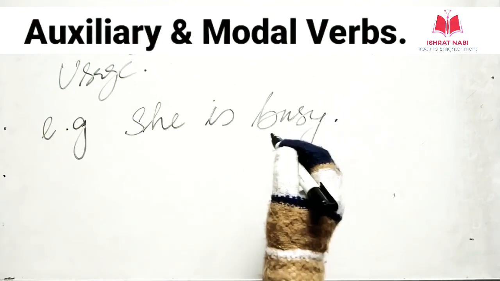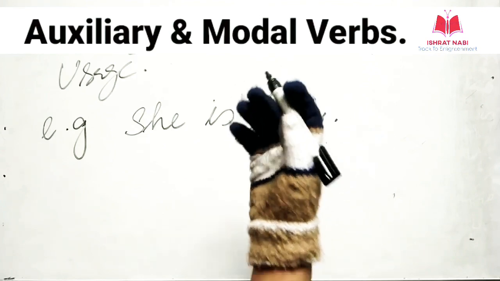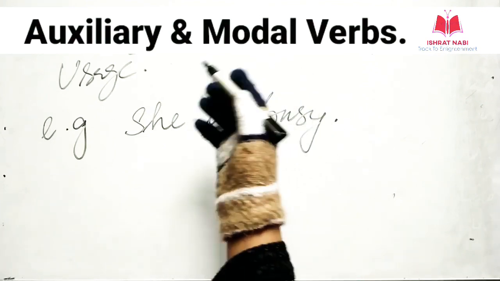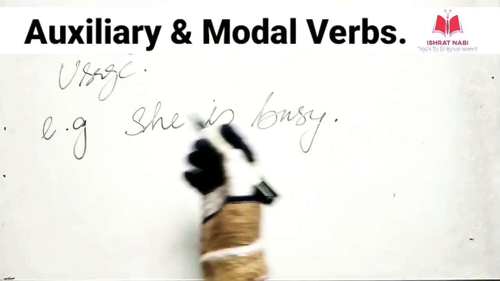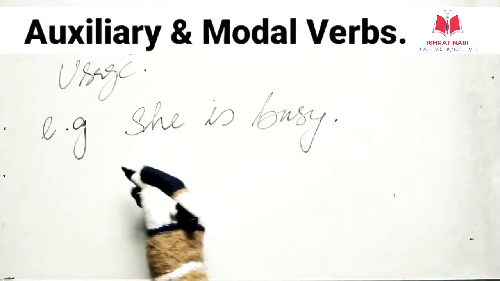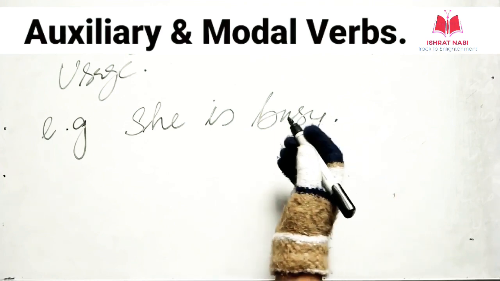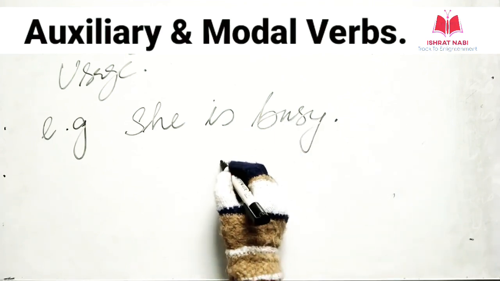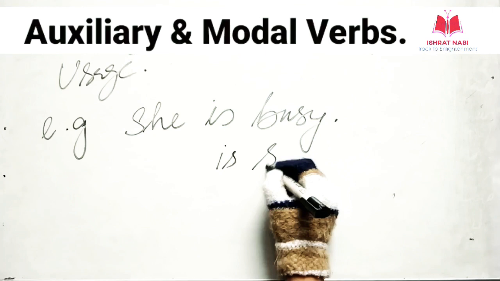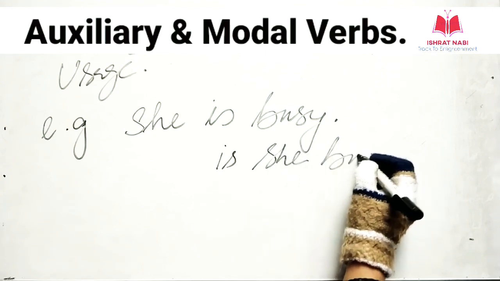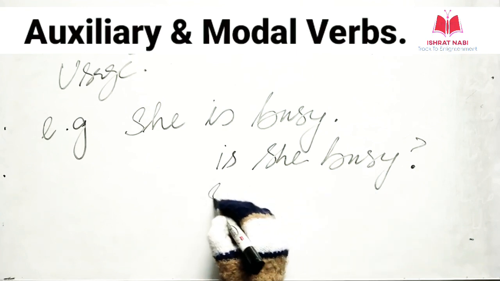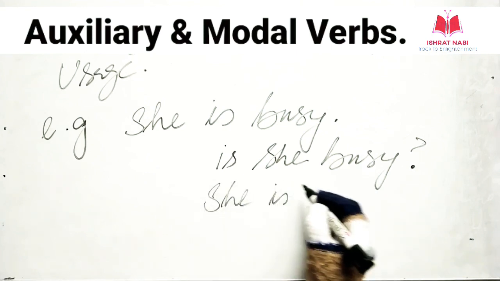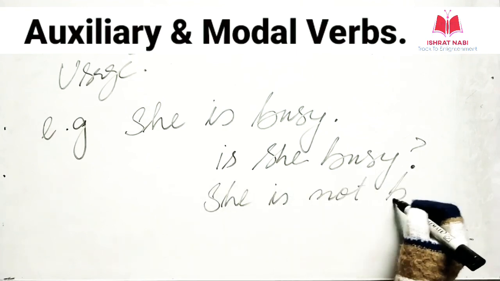As I told you, these auxiliaries are used to form questions, negatives, tenses, etc. I will convert this sentence into two forms: Is she busy? She is not busy.